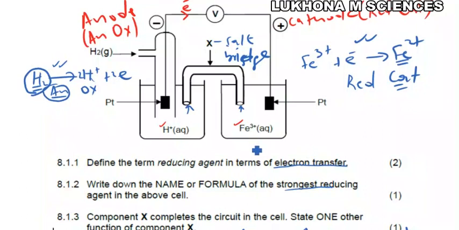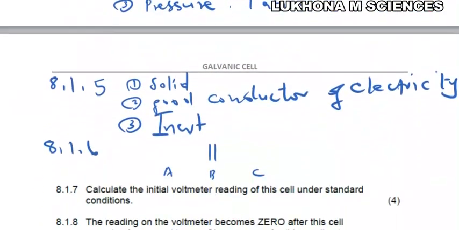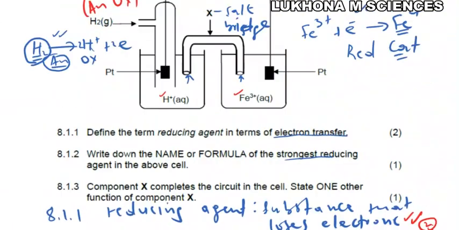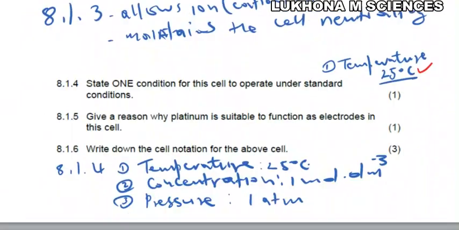In this cell, the anode is hydrogen, which means on the left hand side we are going to write the hydrogen. Then there is a solution there, that is the ions for hydrogen. They must be next to the salt bridge. Then let's go back to the cell. There is also the platinum, which holds the hydrogen, so we have the platinum here.